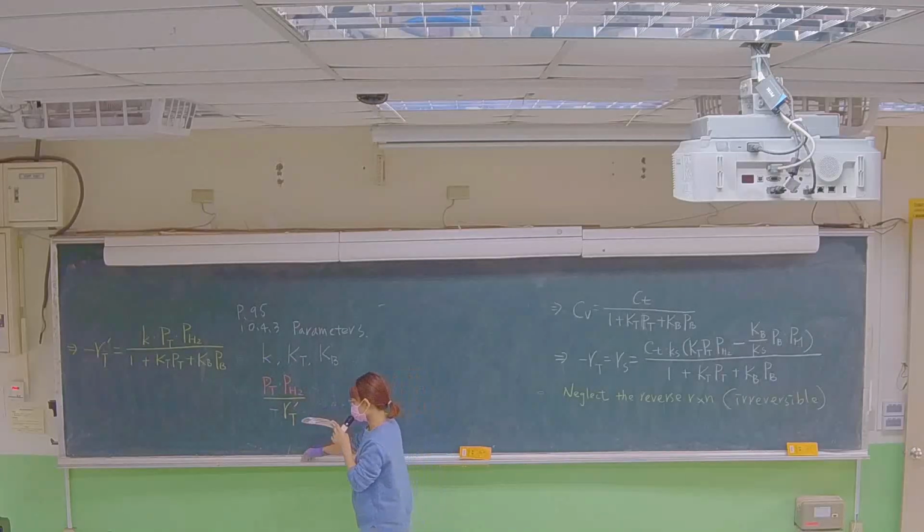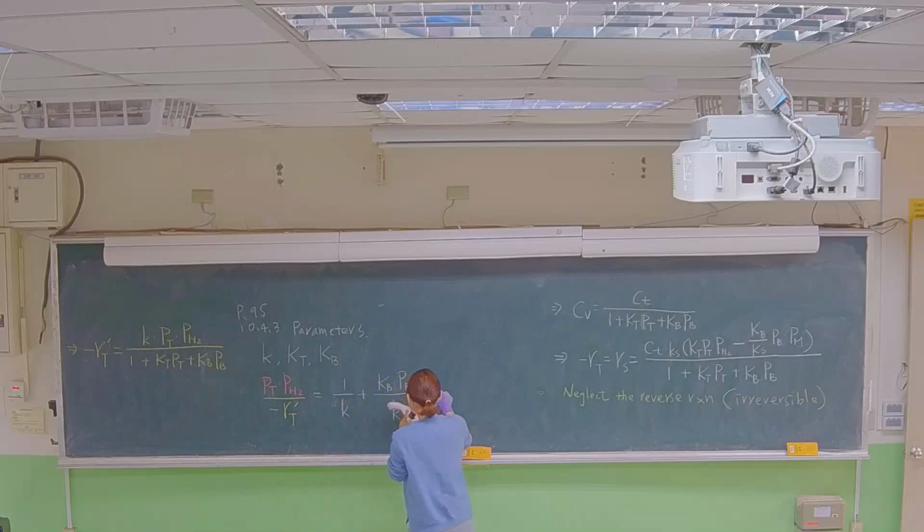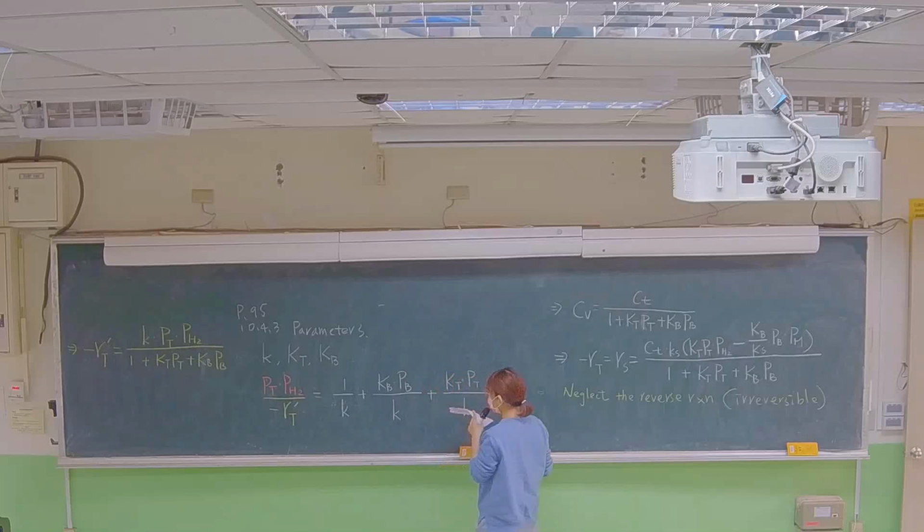We will get y over K, we will get 3 parts. Okay, 3 parts.